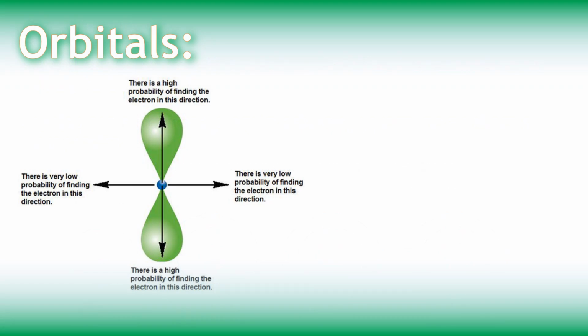So for example, here we're not saying that this dumbbell shape is the actual shape of the orbital. What we're really saying is this is a way of describing where it's most likely to be compared to the rest of the space. So the area that's shaded is where the electron is most likely to be, and the area at a right angle to it, it's less likely to be. It's very unlikely to be there.